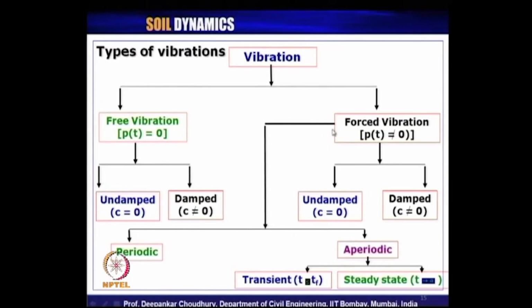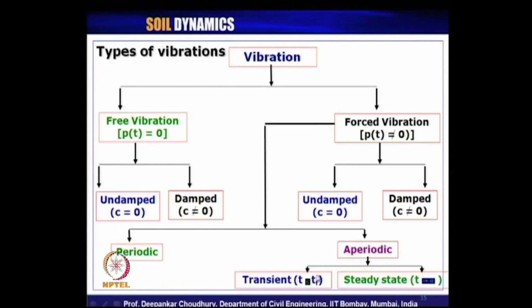That is why the two ways of classification of forced vibration are: one is called periodic forced vibration, another can be aperiodic forced vibration. Again, within aperiodic forced vibration, we can have two more subclassifications. One is called transient type, another is called steady state type aperiodic forced vibration.